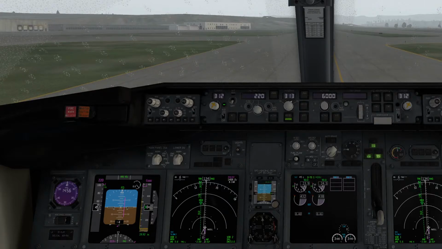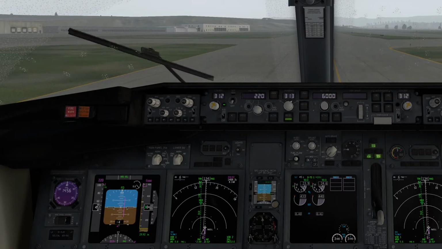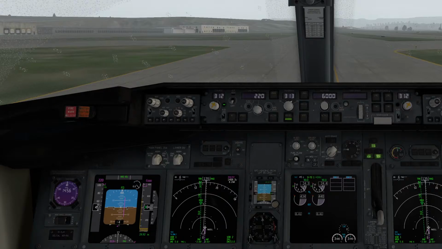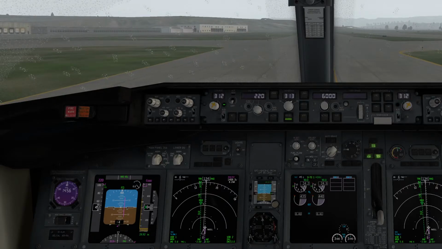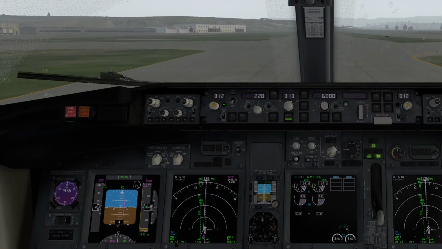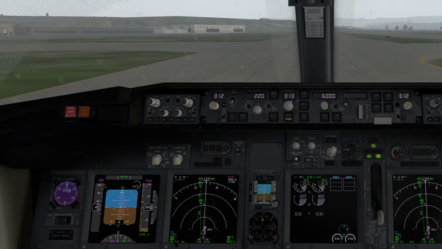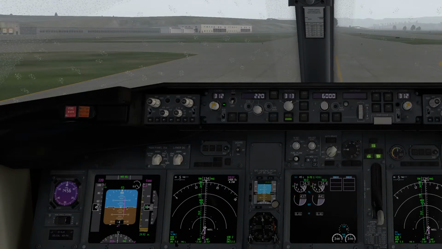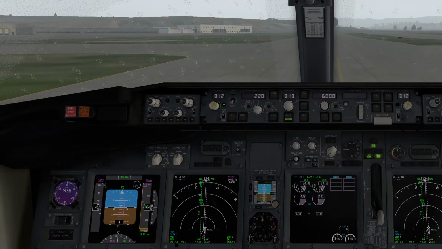So on the climb, runway heading, we will use heading 313 until Marseille 13.6 DME. So Marseille is 5.6, so it will mean 8 miles on a straight line.